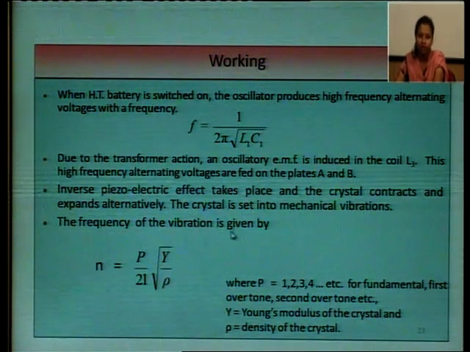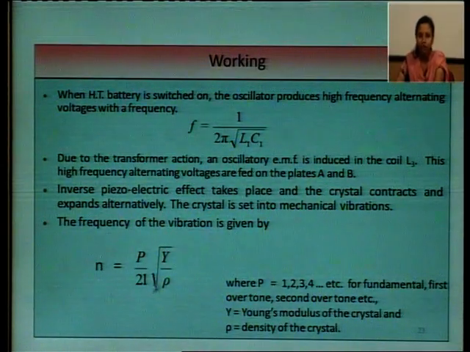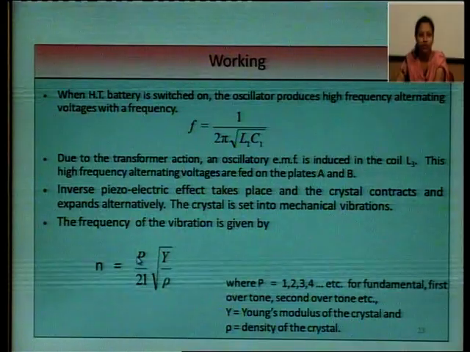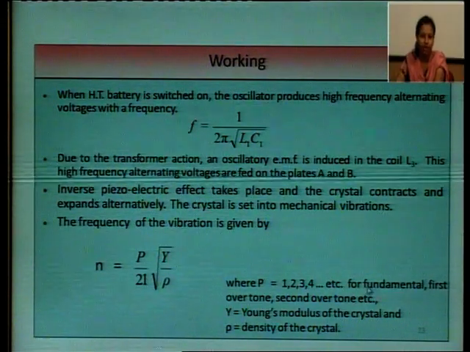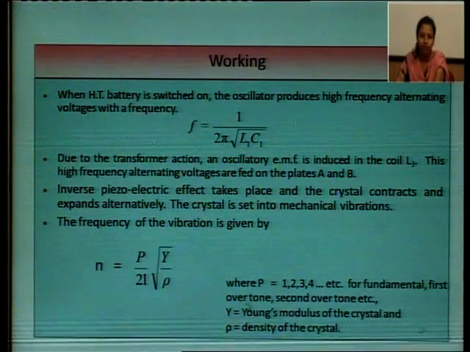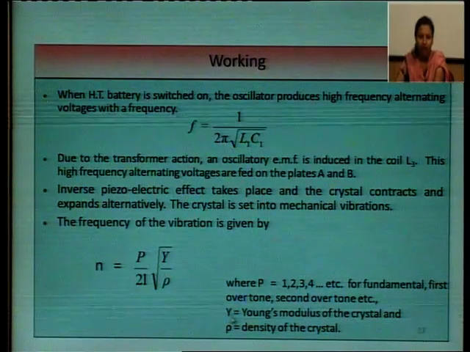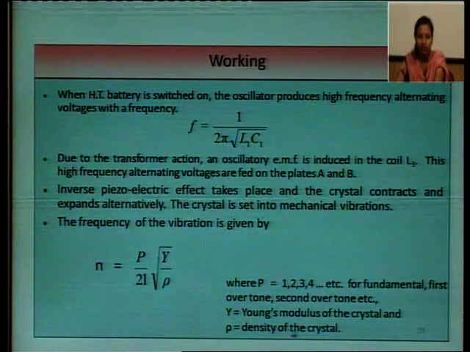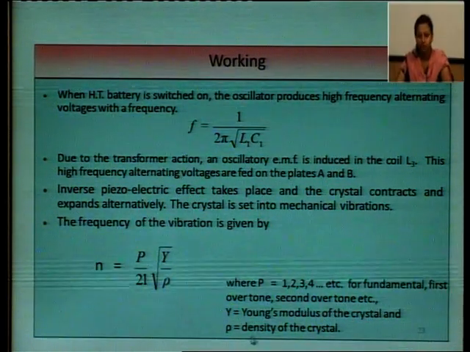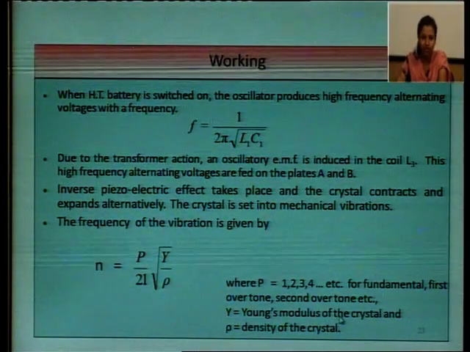The frequency of vibration of the rod is given by N equals P upon 2L root Y upon rho, where P is 1, 2, 3, 4 etc. for the fundamental, the first overtone, the second overtone etc. Y is the Young modulus of the crystal and rho is the density of the crystal, which is the quartz crystal we are using here.